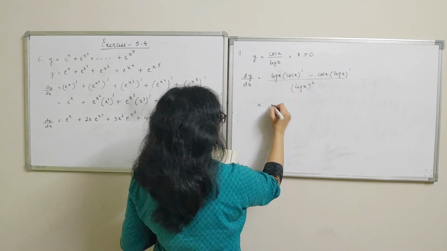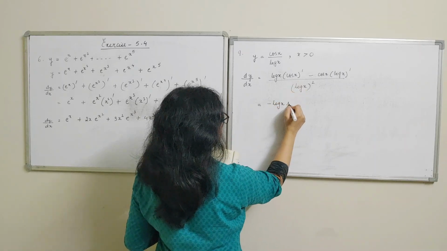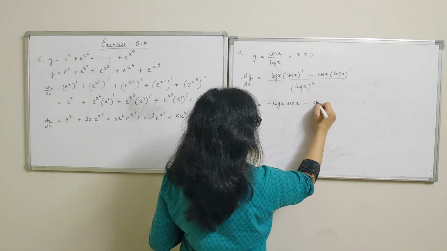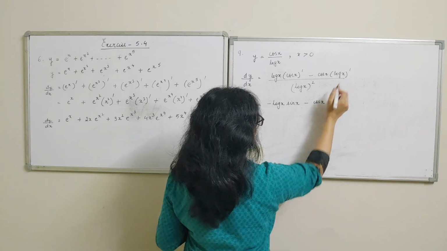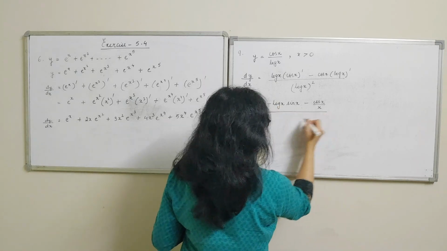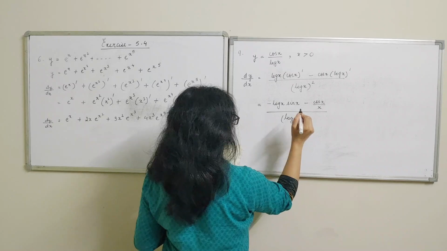So here log x, and the derivative of cos is minus sine function, right? It's a standard cos function. Then minus log x, derivative of log x, this is base e only, so it is cos x upon x. And then in the denominator we have log x whole square.